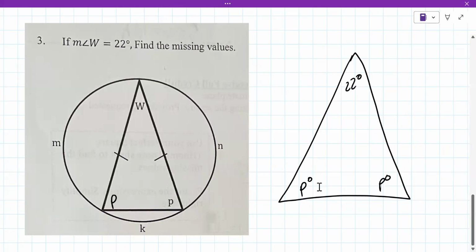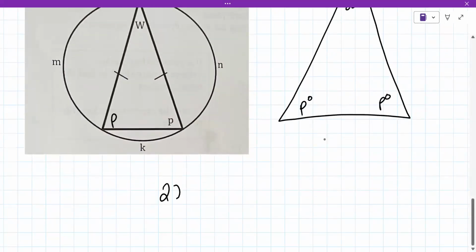22 plus P adds up to... 22 plus P. What does that add up to?